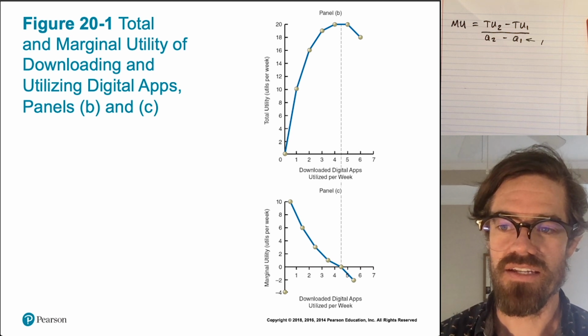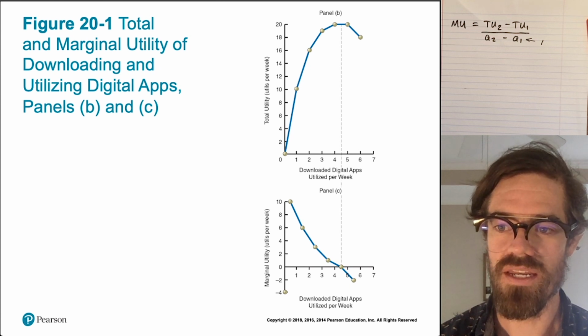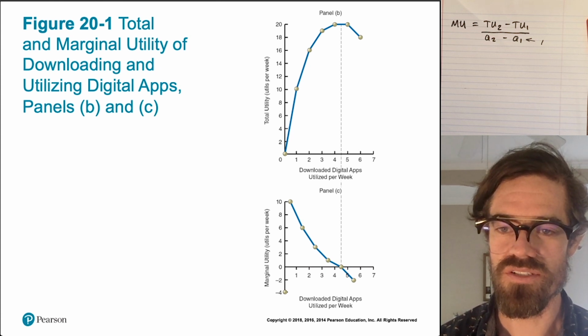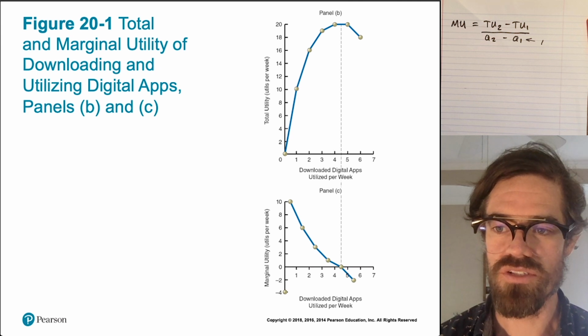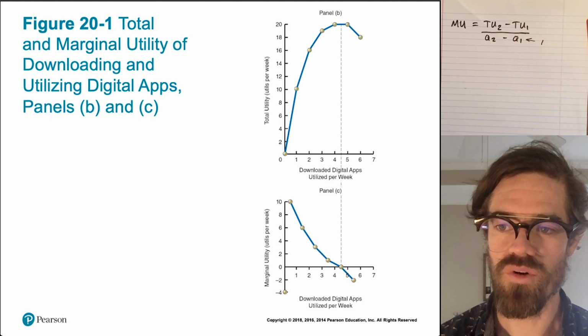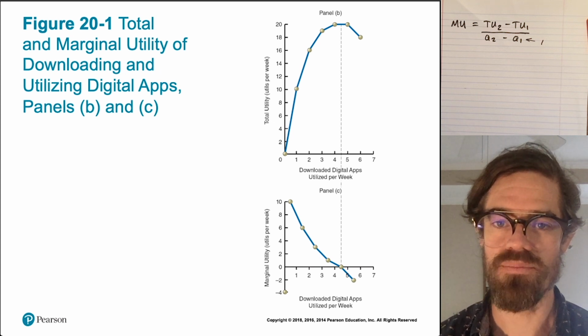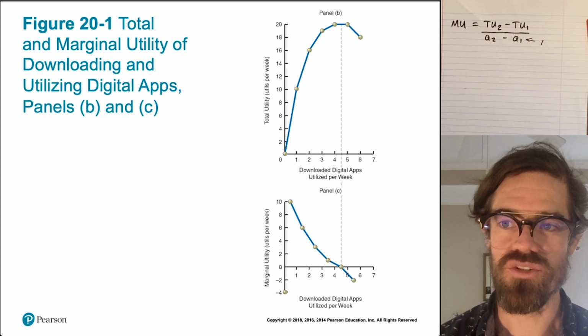Now you'll notice that total utility reaches its peak when marginal utility, which is at the bottom, becomes 0, right? At apps 1 through 4, marginal utility is positive, which means consuming additional apps will increase total utility.